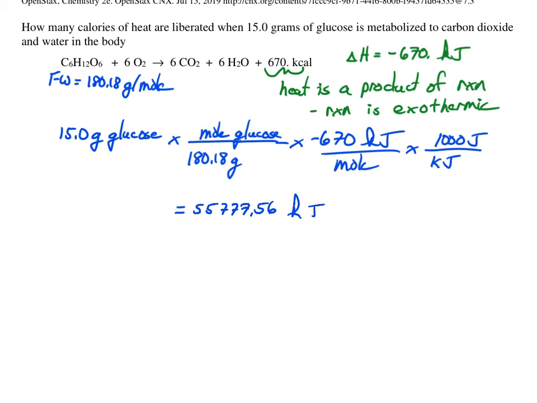Okay, we can take this as a negative value, so we know that heat's released. And we can only use 3 sig figs, so we'll convert this down to scientific notation and round up. We have 5.58 times 10 to the 4th calories.